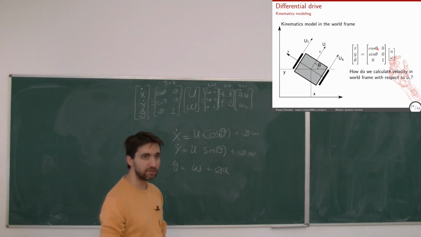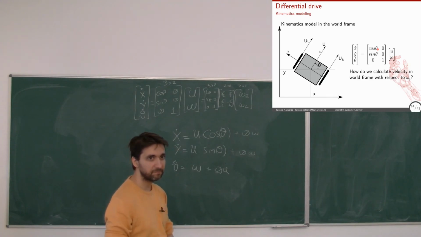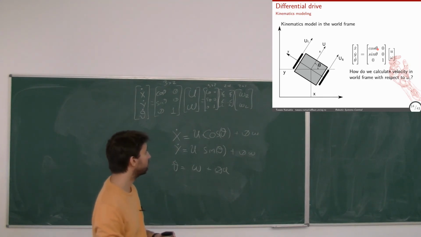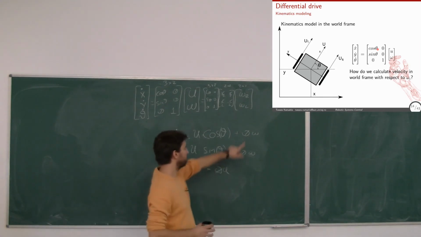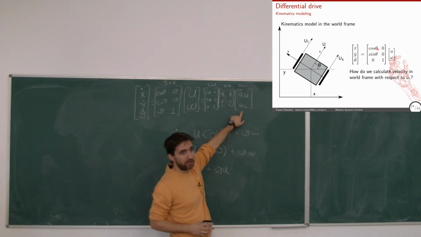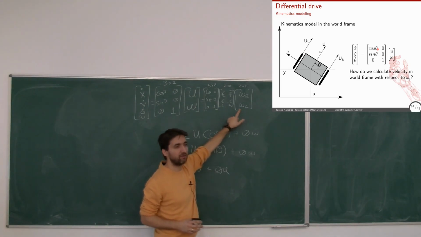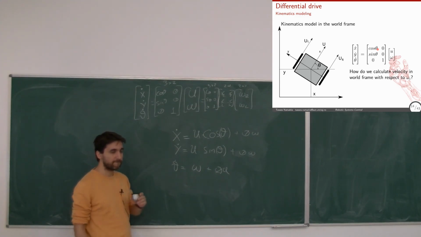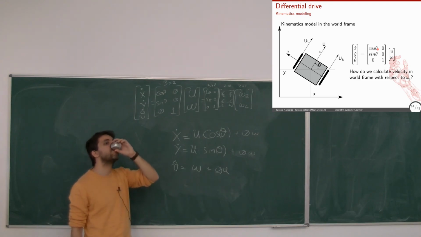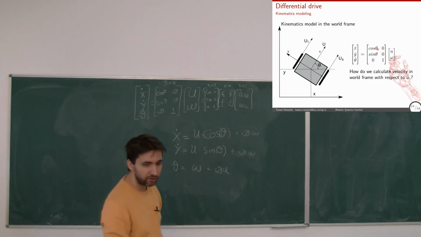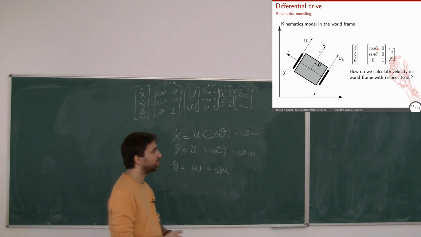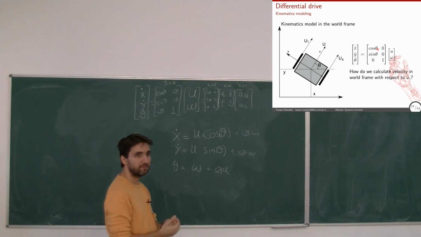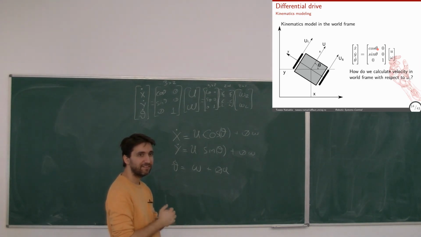How do I do the inverse? Because I want to know what should be my linear and angular velocities for a specific desired velocity. Can I just take the inverse matrix? Why not?